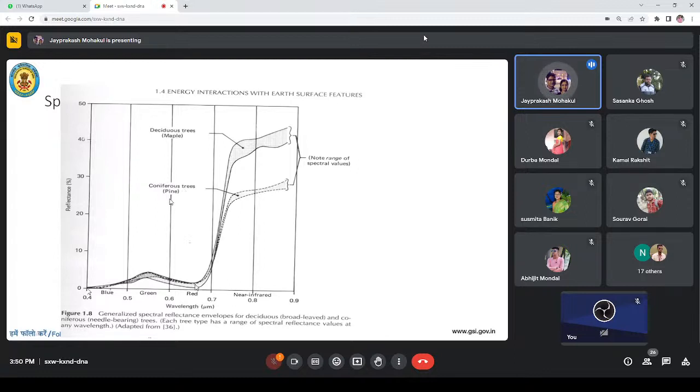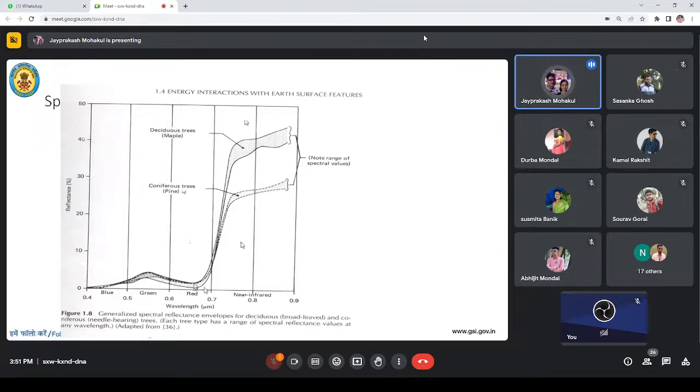Again, almost 97% is absorbed in the red range. And here again, 60% is absorbed. So this is the spectral reflectance curve of a deciduous tree, right? Whereas in conifer, the amount of light absorbed in the NIR range is almost 70%. Could you make out?